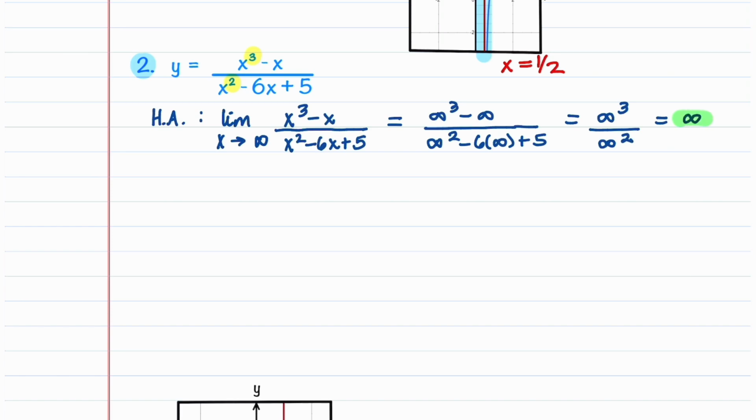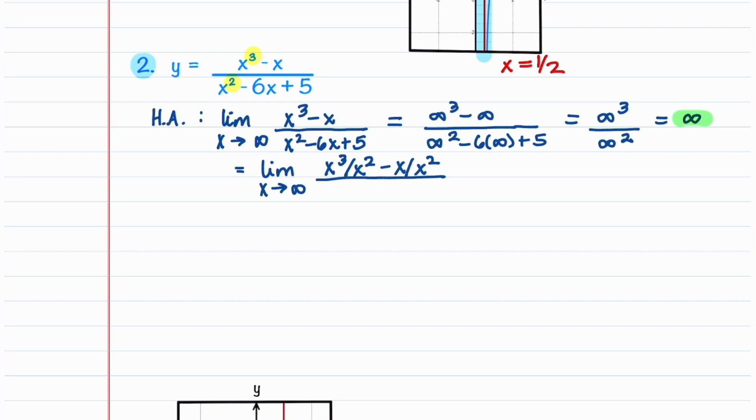Now, you can take a more algebraic approach to solving this and divide both the numerator and the denominator by the highest power of x, and you'll get the same answer. Let me just go ahead and do that so you can see. Honestly, sometimes it just depends what your instructor is asking for, which way you have to do it.